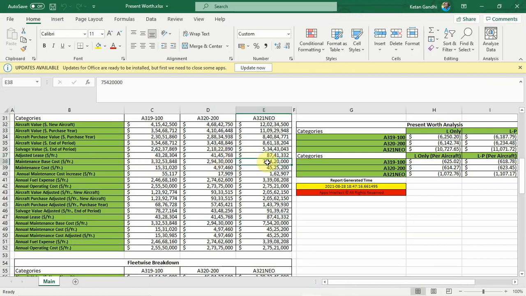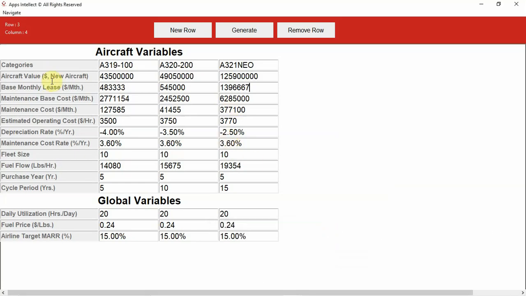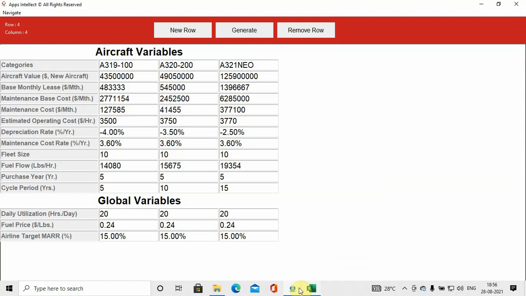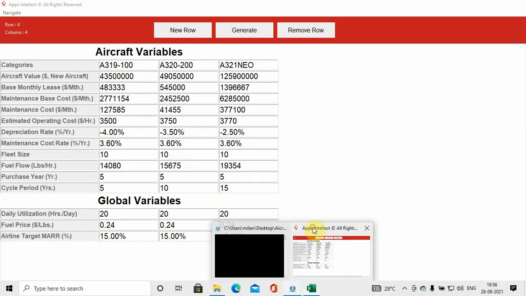And then the maintenance base cost which we entered here will be multiplied by 12. So we get these figures. Then the maintenance cost, same as what we saw here also, which we estimated.